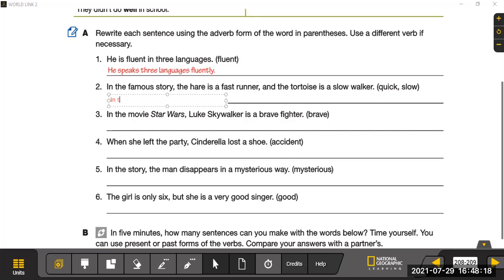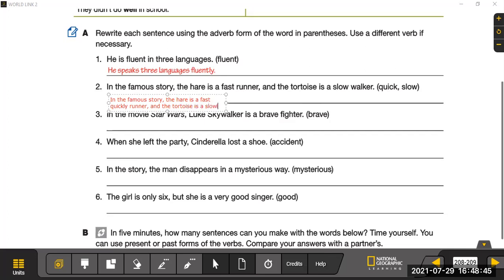In the famous story, the hare is a fast, quickly runner, and the tortoise is a slowly worker in the famous story.